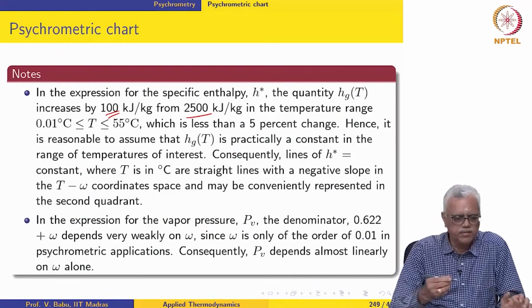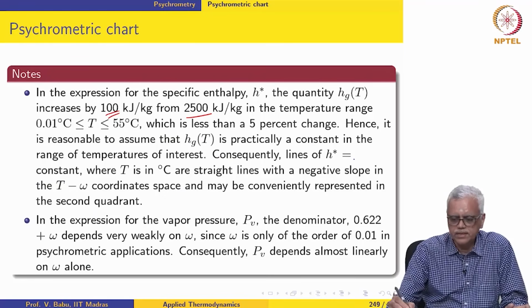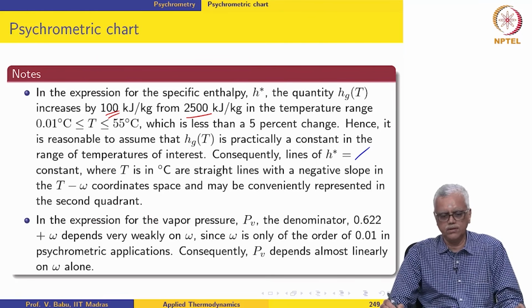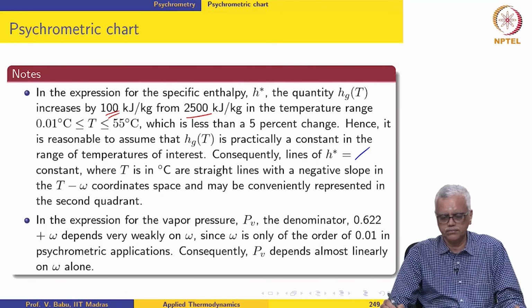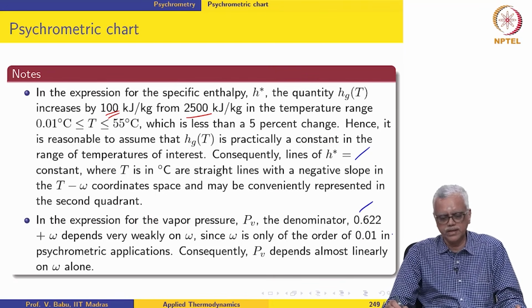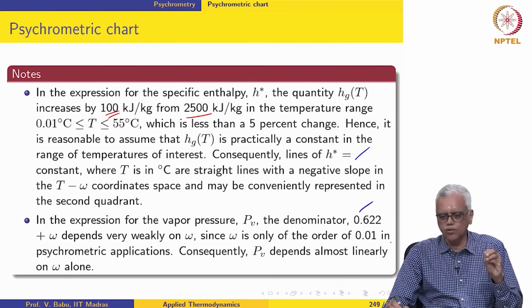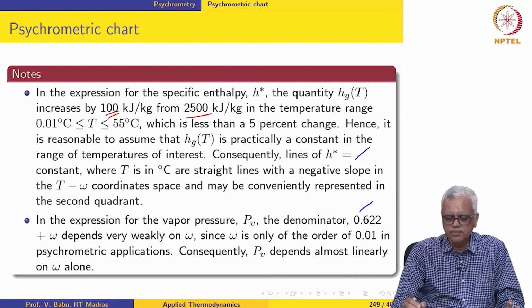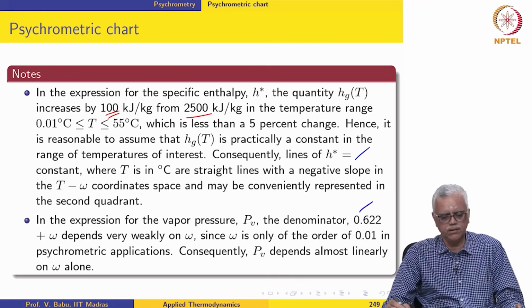Let us summarize what we have said so far. We have argued that lines of constant h star are almost straight lines with a negative slope in the second quadrant in T omega coordinate space. We also argued that 0.622 plus omega depends very weakly on omega, because omega itself is very small in psychrometric application. So, PV depends almost linearly on omega alone.